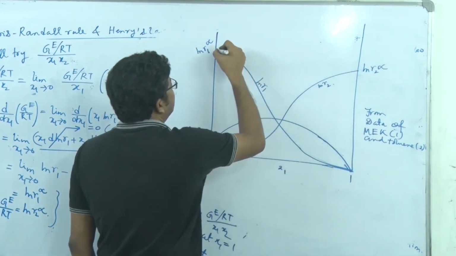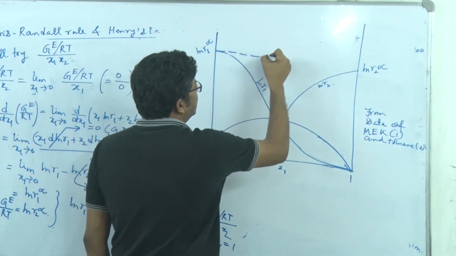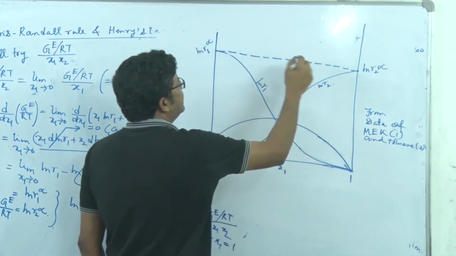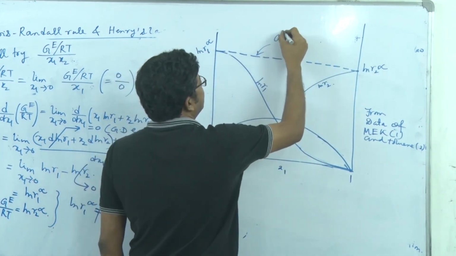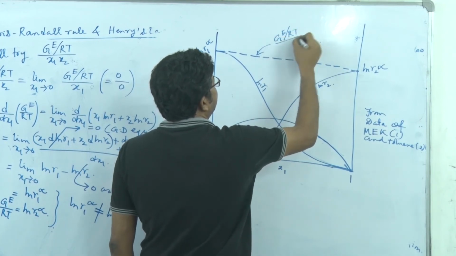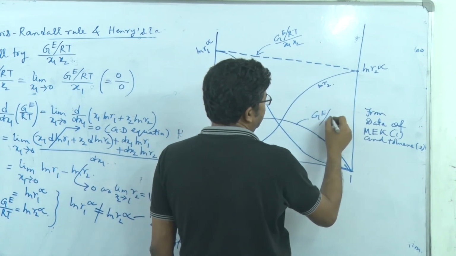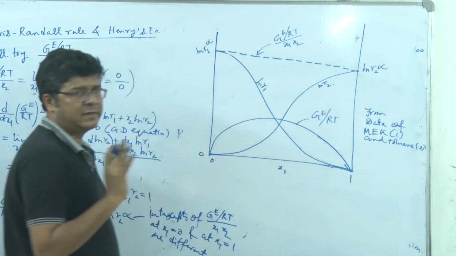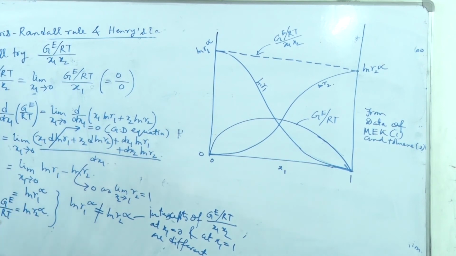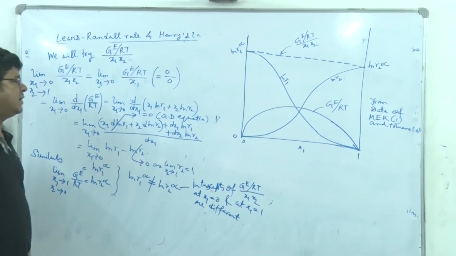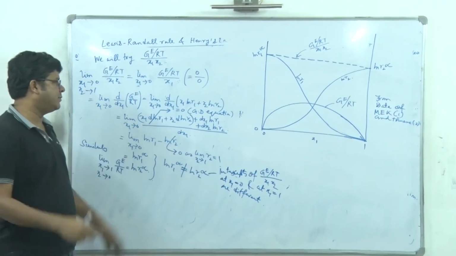The experimental finding gives you that G by RT divided by x1 x2 is nearly satisfying this profile. This is the profile for G by RT. So for many binary systems, G by RT divided by x1 x2 with respect to x1 is basically non-linear with an intermediate maximum.